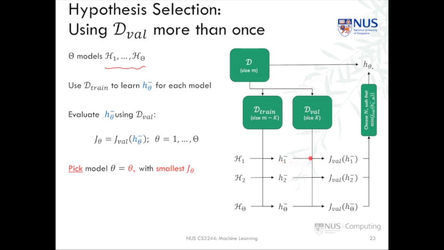Then using the D-val data set of size k, we're going to get a validation cost estimate based on this hypothesis. We're going to look through all of the validation costs coming from all of the theta models that we could choose from, and pick, just like we did on the last slide, the model with the smallest cost, and we'll return that as our final hypothesis.